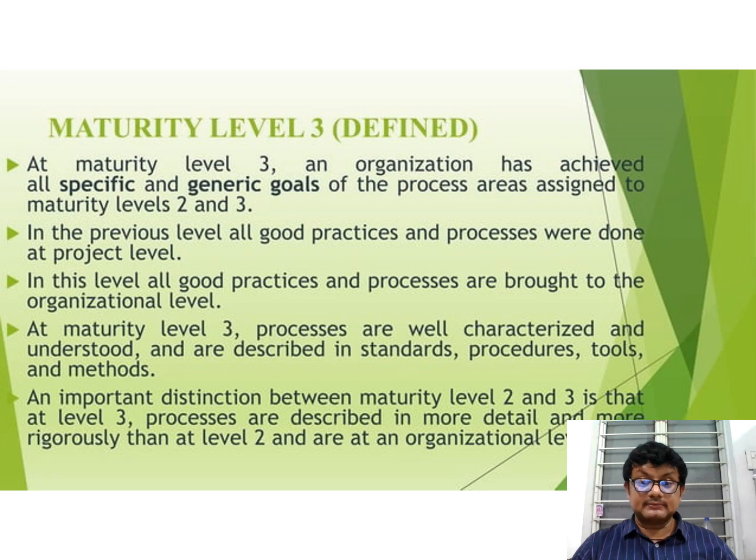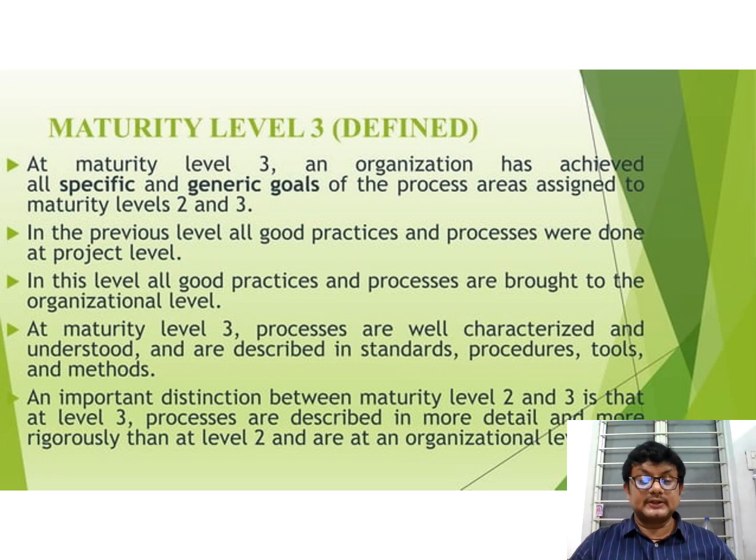Maturity level 3, defined. At maturity level 3, an organization has achieved all specific and generic goals of the process areas assigned to maturity levels 2 and 3. In the previous level, all good practices and processes were done at project level. In this level, all good practices and processes are brought to the organizational level.